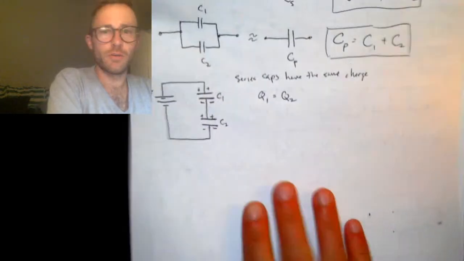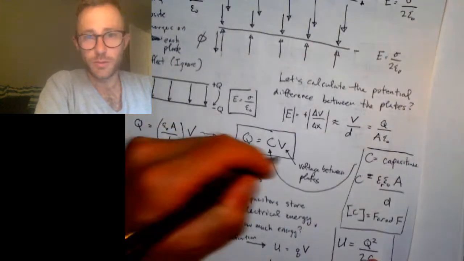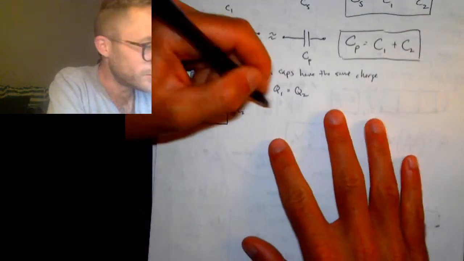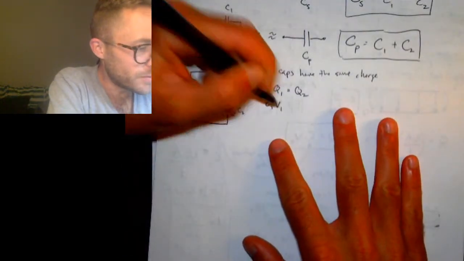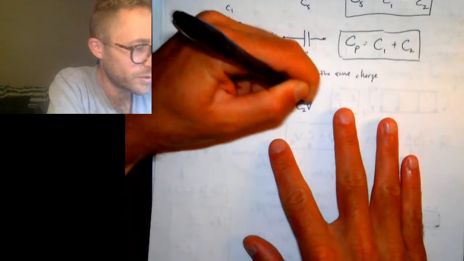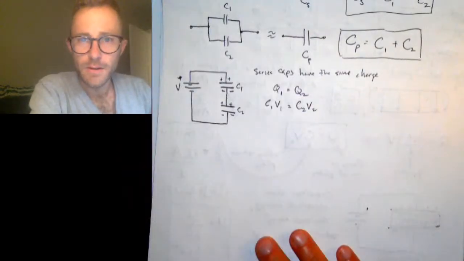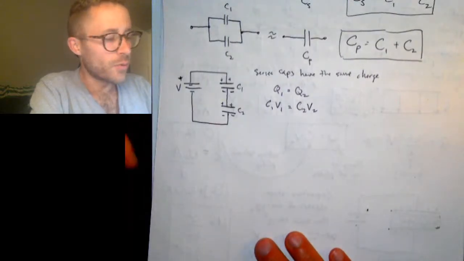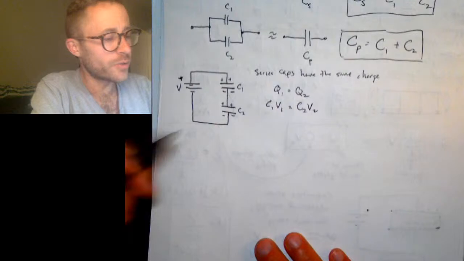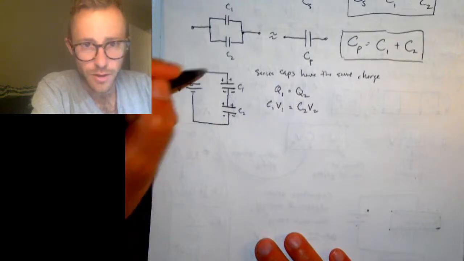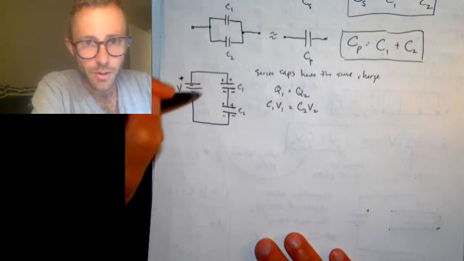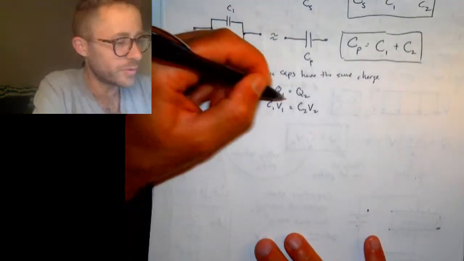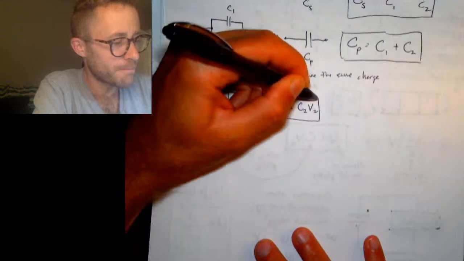And so according to Q equals CV, that means that C1 V1 equals C2 V2. Okay? Furthermore, according to Kirchhoff's voltage law, if I go around this loop, the change in voltage has to be 0.